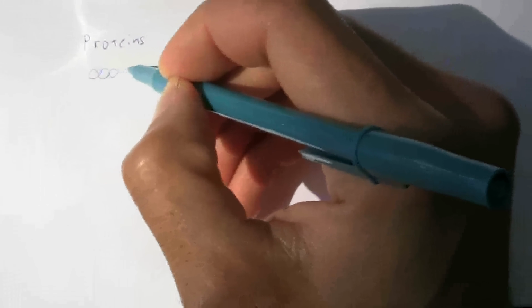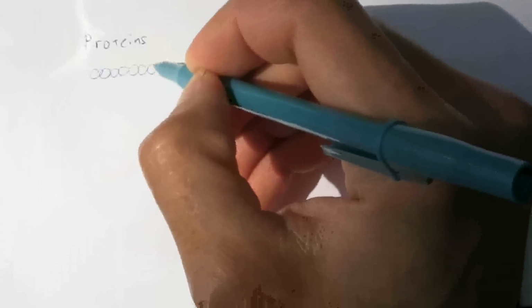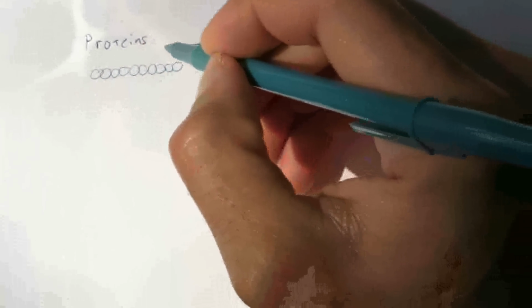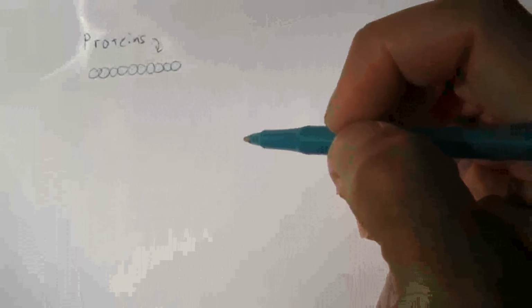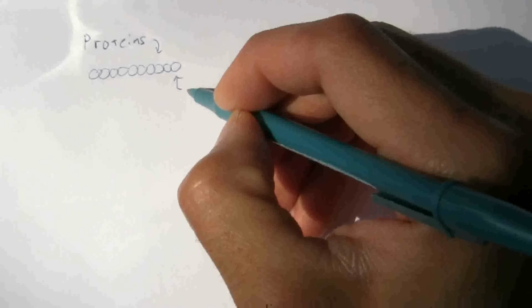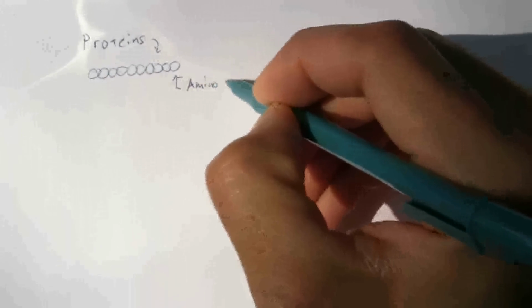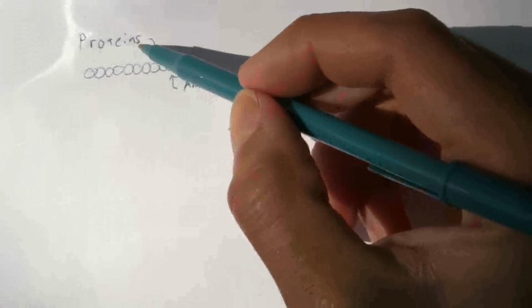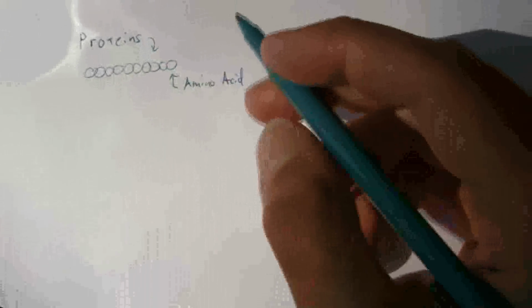You have a chain with many different links, and they're all hooked together. That chain is like your protein. Each link is the amino acid. So the amino acids are like chain links that strung together form proteins.